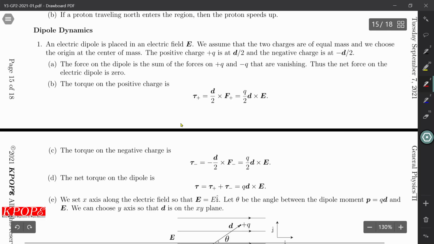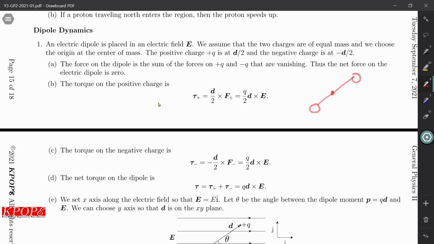Dipole dynamics. For example, take the center of mass of a dipole, fix the center of mass and place the pivot so that it can rotate in either direction depending on the torque on the system.